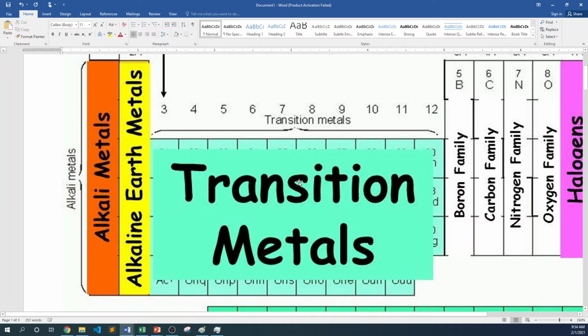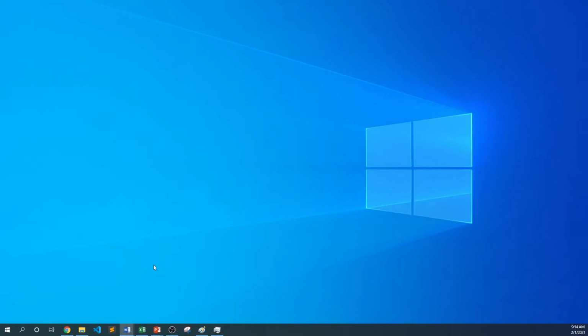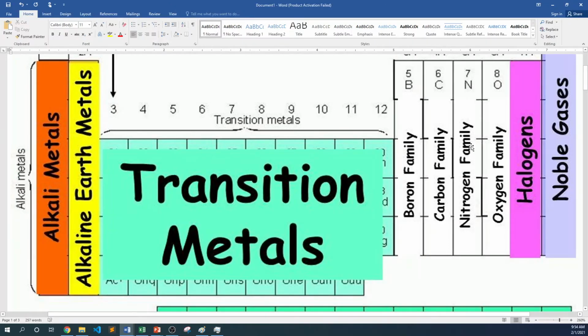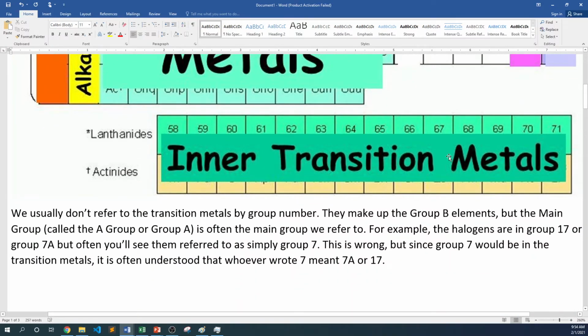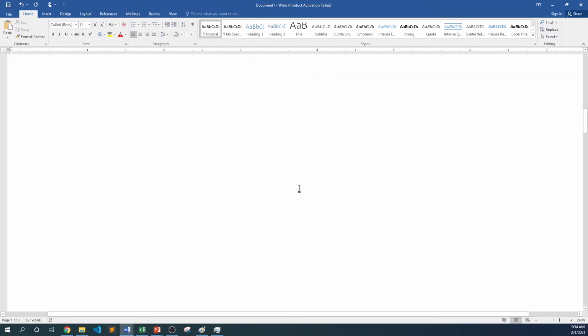But they're mostly exceptions. We don't really think of them as valence. Another name for these is rare earth metals.